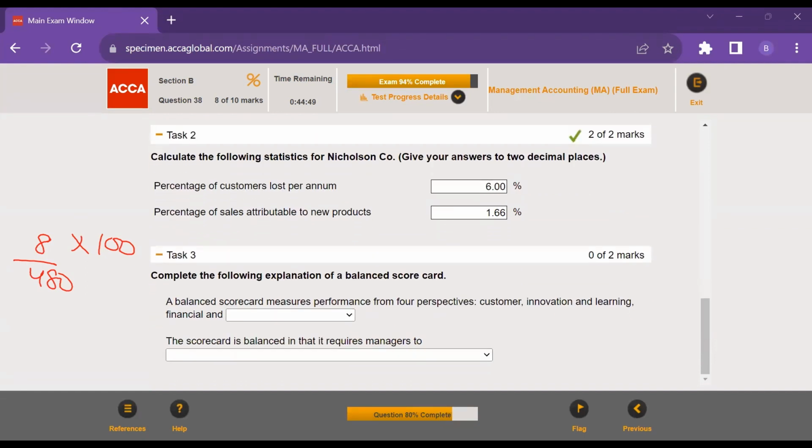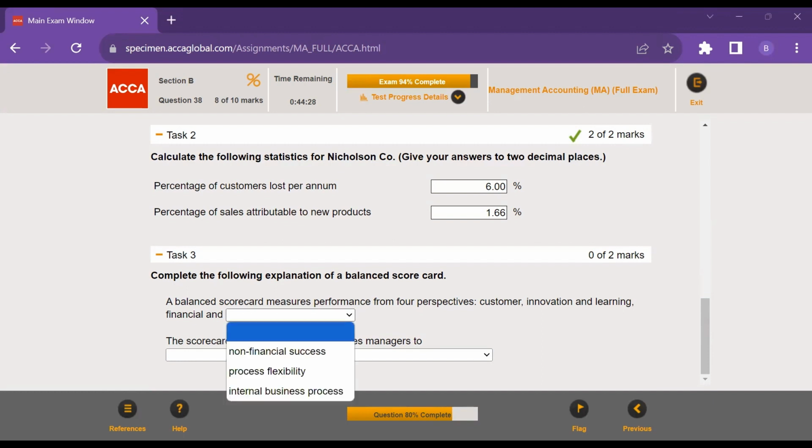Moving on to the last task, and then we are done with this specimen exam. Complete the following explanation of a balanced scorecard. A balanced scorecard measures performance from 4 perspectives: customer, innovation and learning, financial, and blank. Let's read what our options are.